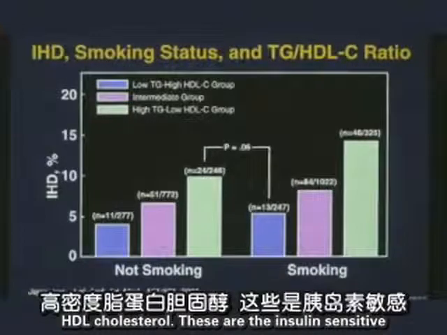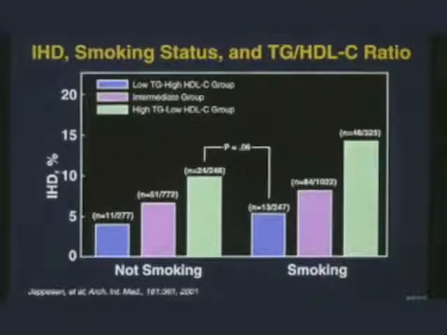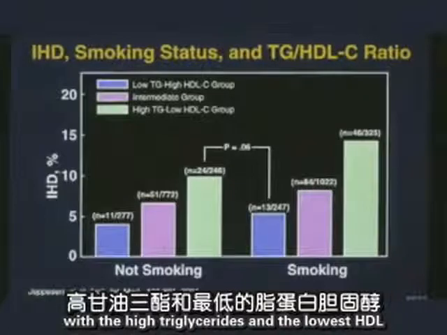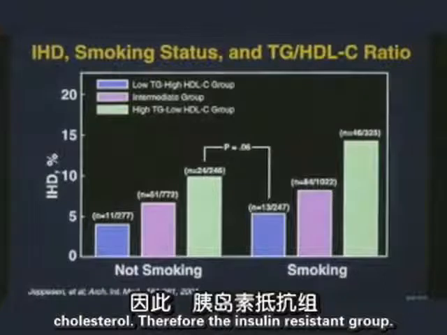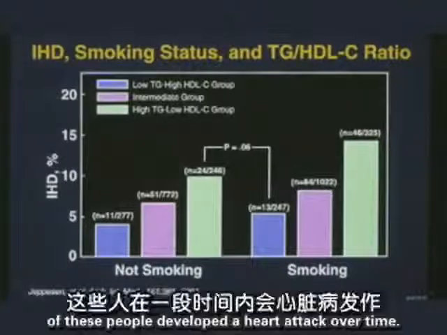These are the insulin-sensitive individuals. The green bars are the individuals with the highest triglycerides and the lowest HDL cholesterol, therefore the insulin-resistant group. And then he asked the question, what proportion of these people developed a heart attack over time?